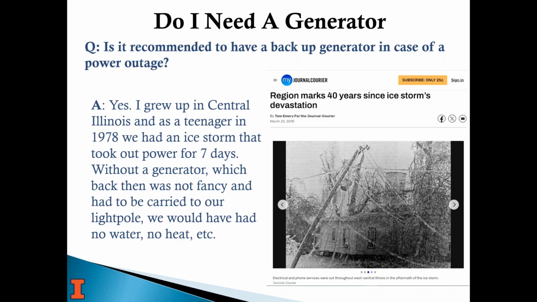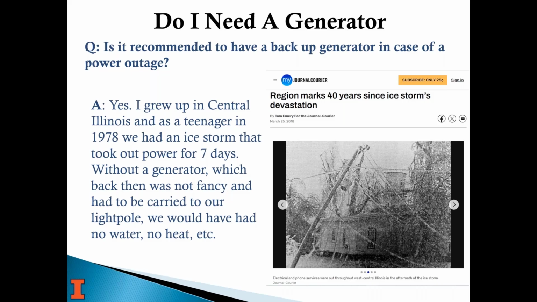So yeah, I grew up in Central Illinois on a farm out in the middle of nowhere. We had an old dug well, and we were pretty far on the electric line rural area list, if you will. And in 1978, when I was a teenager, we had an ice storm, and we were without power for 7 days.